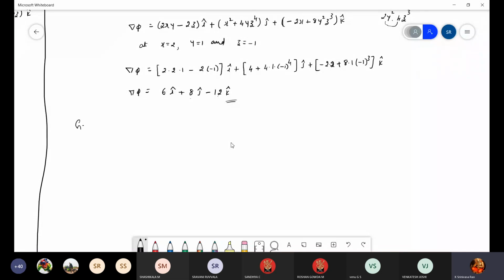Geometrical meaning of grad phi or del phi. Both are same. That's why I'm writing in word form as well as in symbolic form. Okay, geometrical meaning of grad phi or del phi.